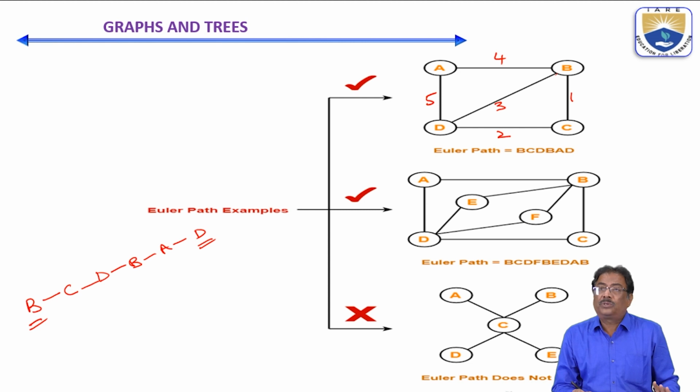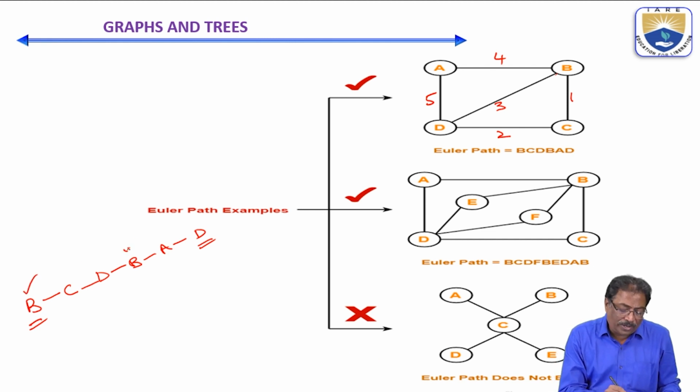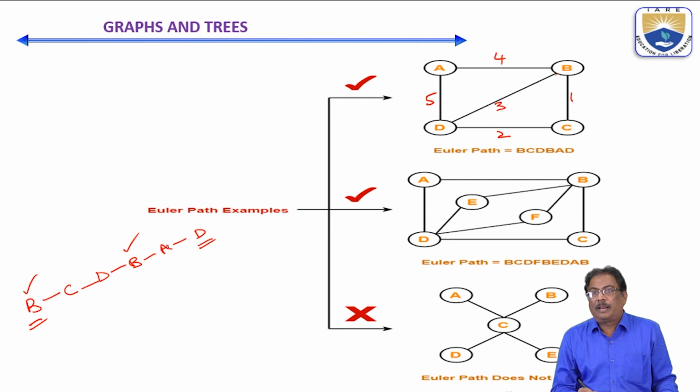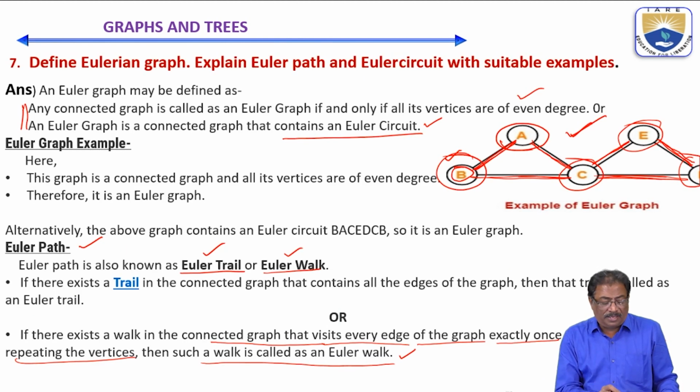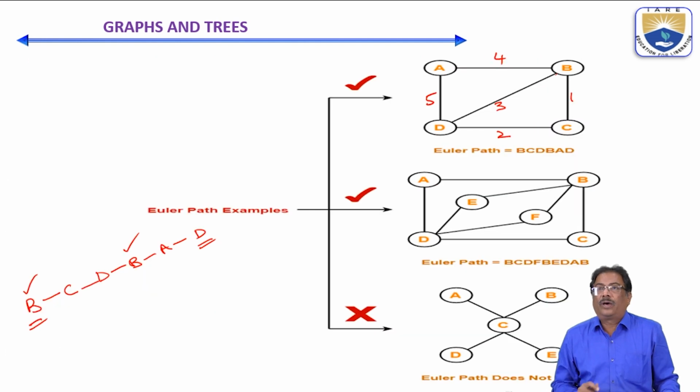So strictly speaking, it is nothing but an Euler's trail. In this, the vertex is repeated. In general, Euler's path and Euler's trail are discussed in the same manner, so for that reason we are going to say that it is an Euler's path.